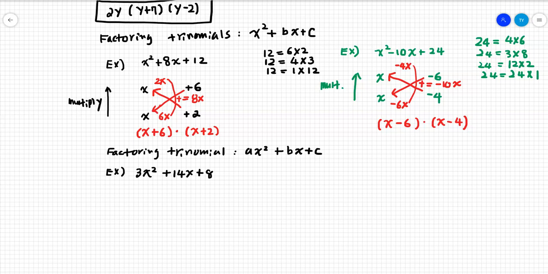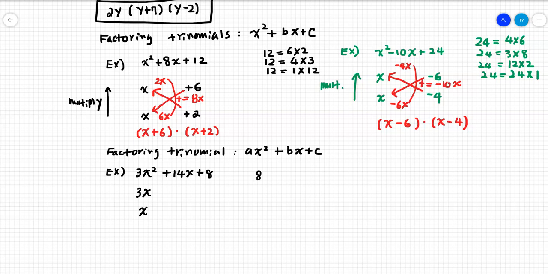Okay, so now we have more than one way to factor the 3x squared. We can have not only x and x, but you can have either 3x and x, up and down. It's going to be a little bit different here. We'll have 3x, then x over here.